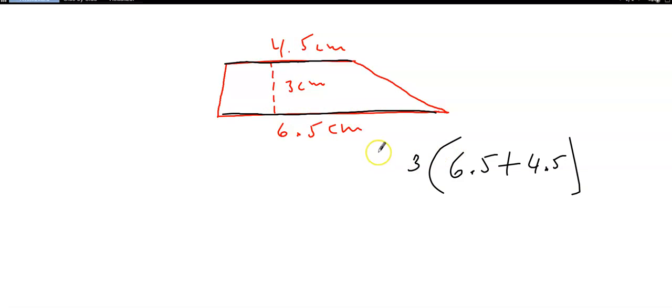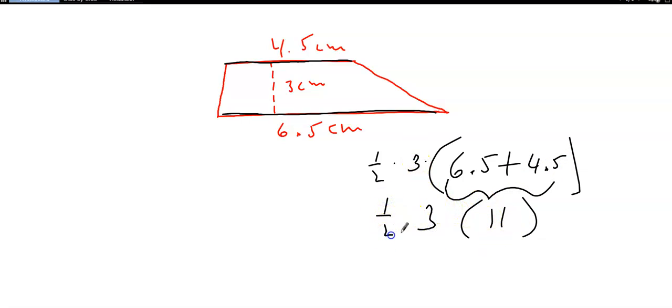And then we always have to multiply it by half for every single trapezoid. So adding this in parentheses, we're going to do that first. 6.5 plus 4.5 would be 11. That was the parentheses. Bring down the 3 and bring down the 1/2.